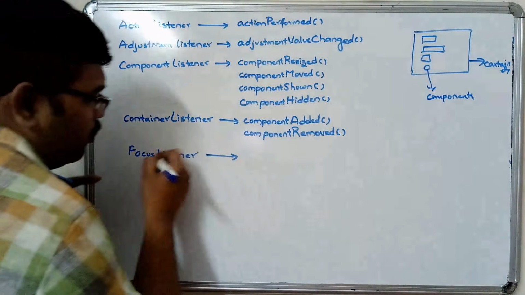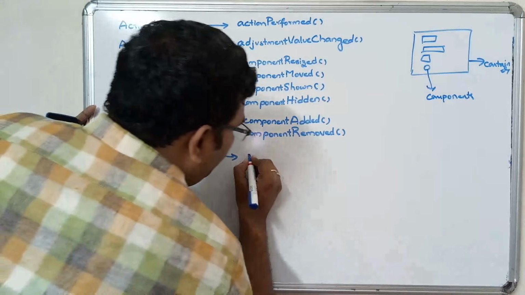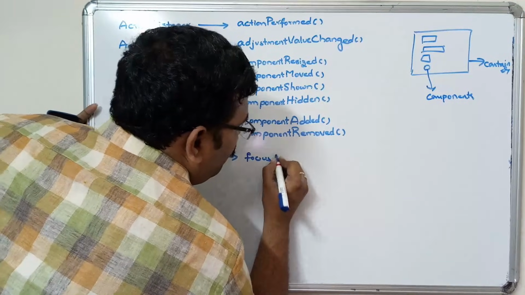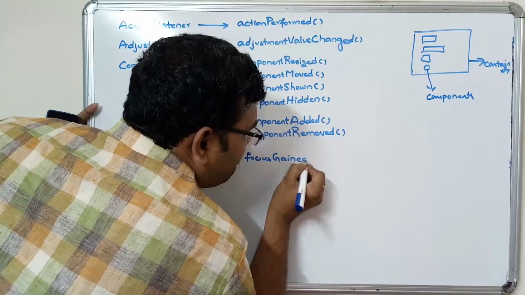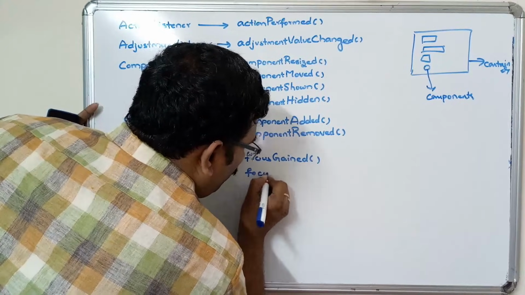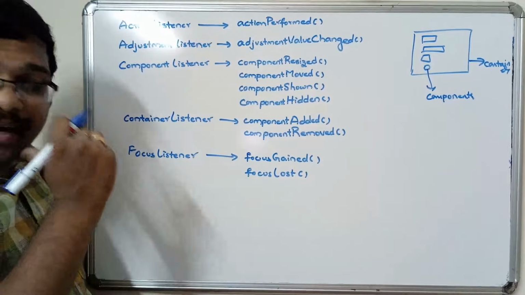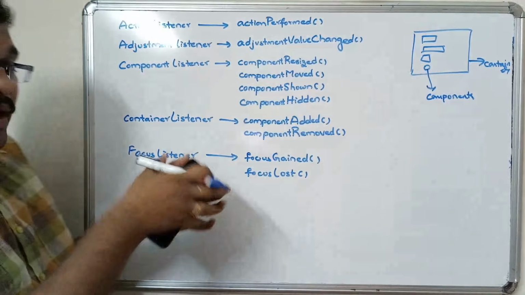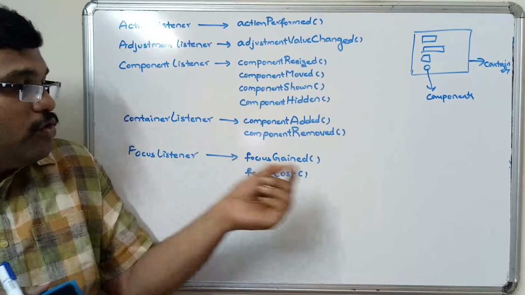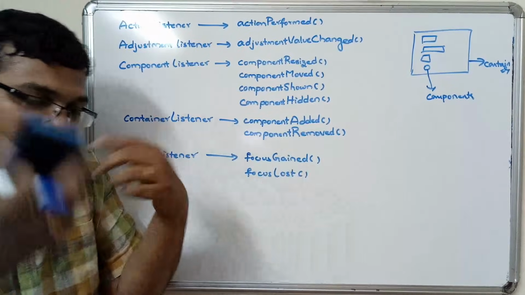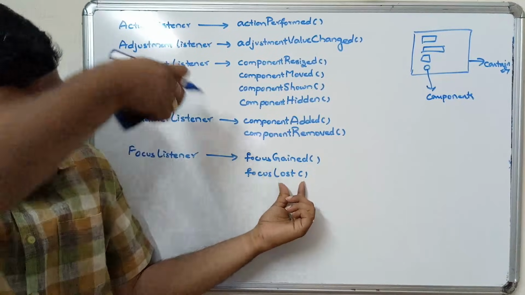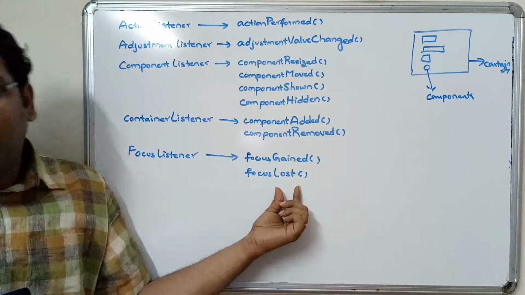Only two methods are available here: focusGained and focusLost. Two methods, right? If the focus is gained, we have to write that code in this method, and if the focus is lost, we have to write the code in the second method.